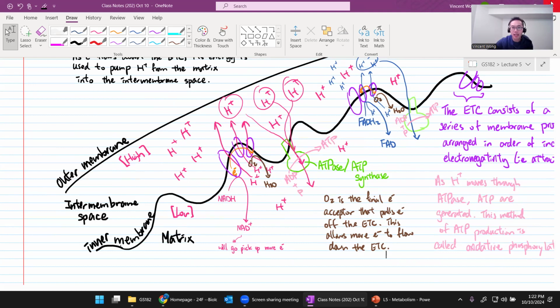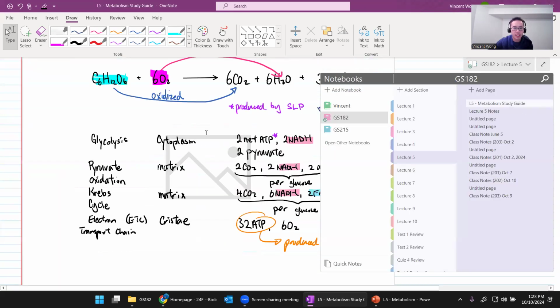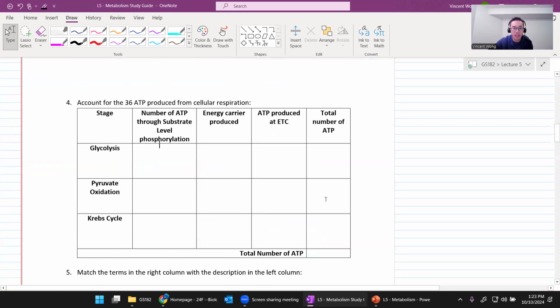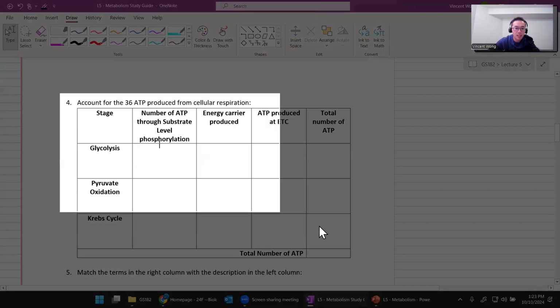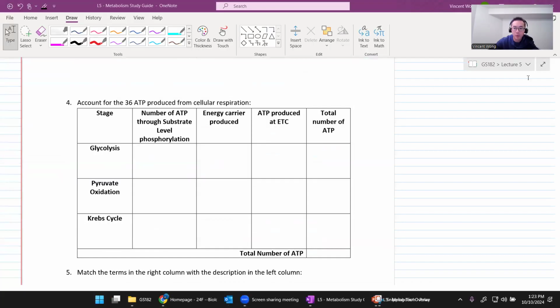So I'm going to go back to the study guide here for a second, and I will copy this table over, and we'll fill it in together. This table is about trying to keep track of all 36 ATP produced in the process.